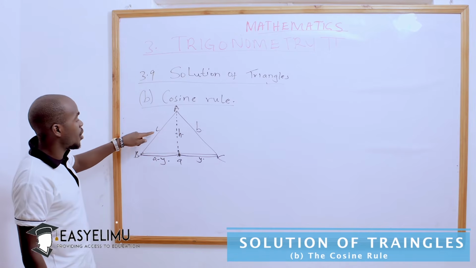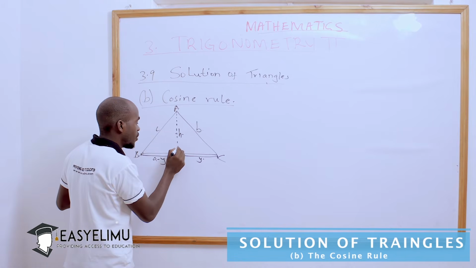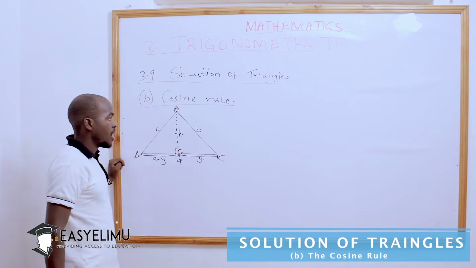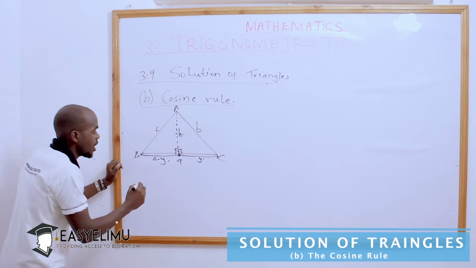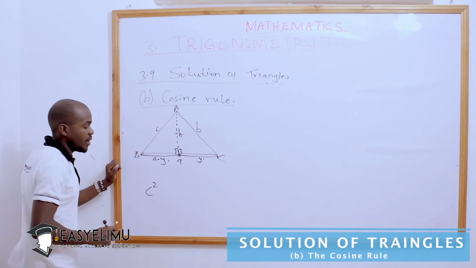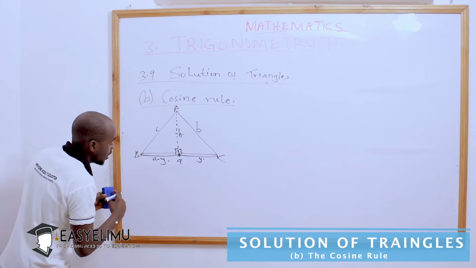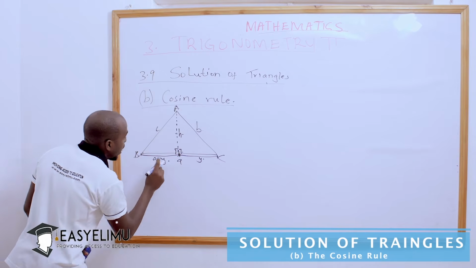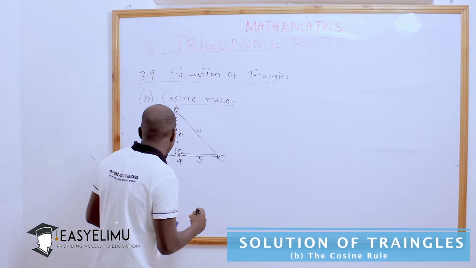For the case if we want to find c, because this is like a right angle triangle as we can see, if we want to find the value of c, what we should do here is to square first, using Pythagoras theorem. Actually, let me cut out so that it may be clearly seen.